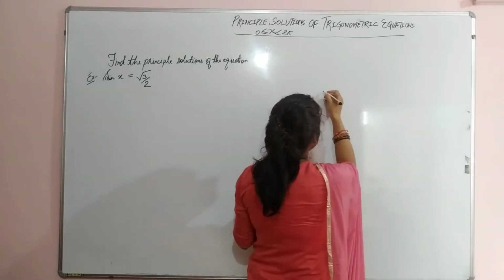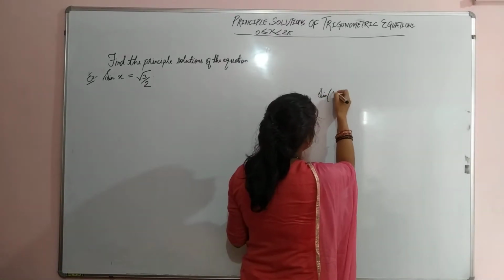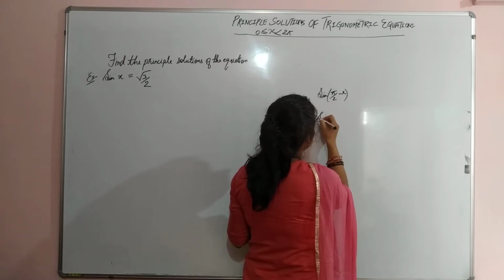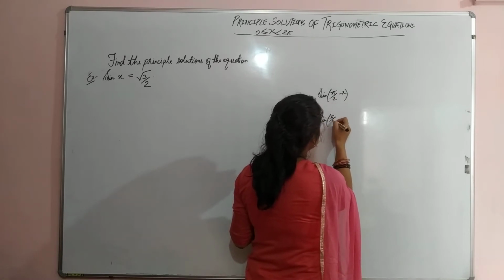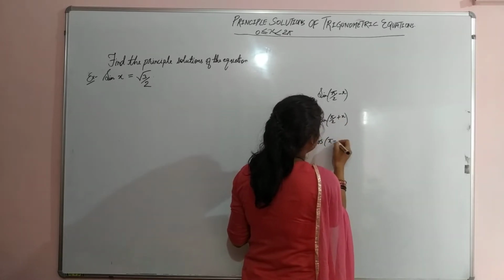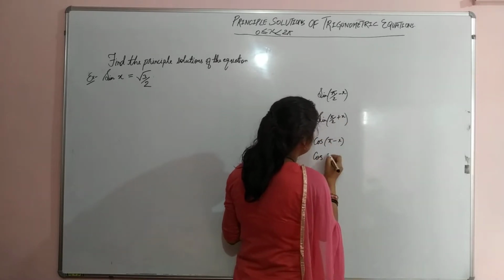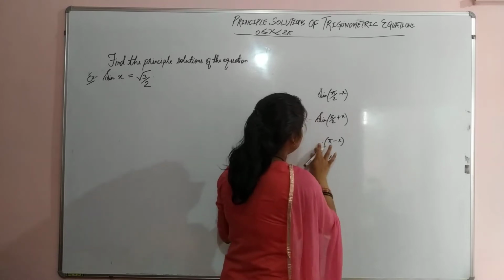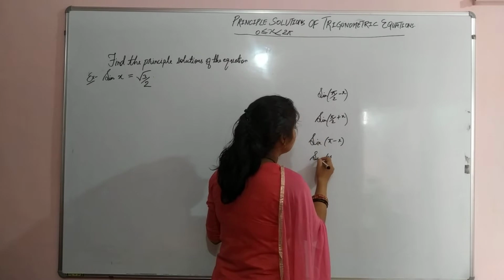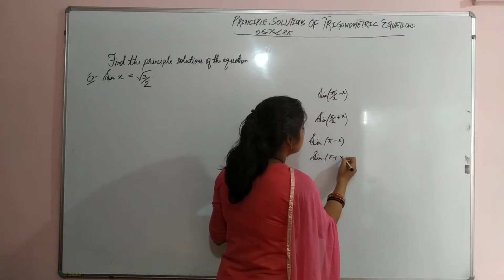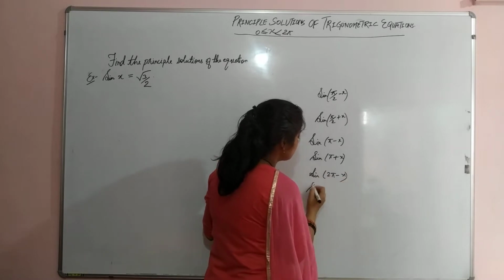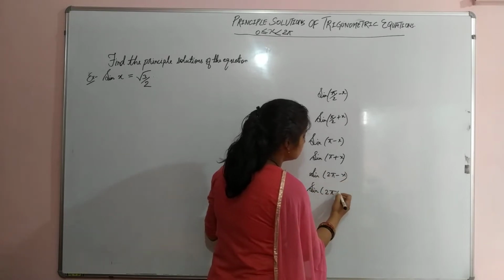If I write sine of pi by 2 minus x, similarly sine of pi by 2 plus x, then sine of pi minus x. Let me take the sine first, then I will take the cos. Sine pi plus x, then sine 2 pi minus x, sine 2 pi plus x.